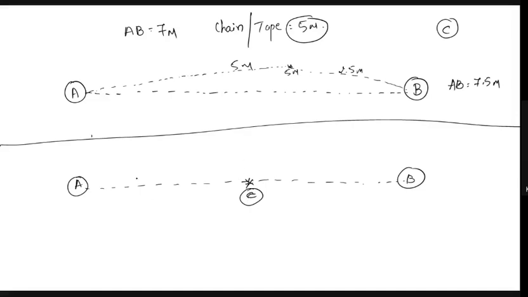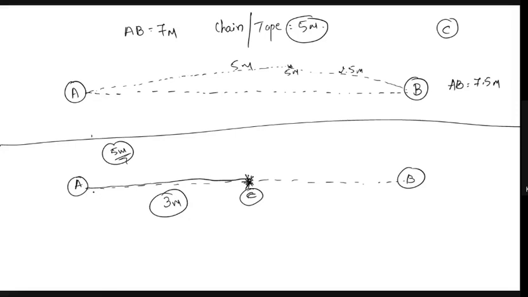Now I will take my 5-meter tape and measure. I have established the station point which is less than 5 meter. Here I have established the station at 3 meter.